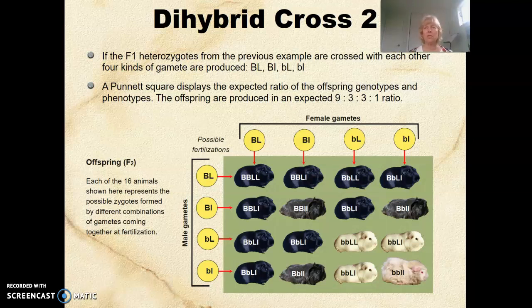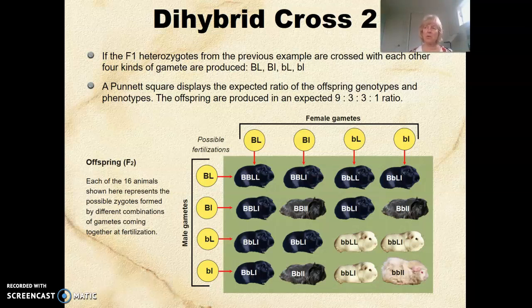Only if you looked at hundreds and hundreds of guinea pigs would it eventually look like a perfect 9 to 3 to 3 to 1 ratio. But if you only look at a small number, the actual ratio can always deviate a little bit from the perfect ratio that you would expect by doing these Punnett squares.